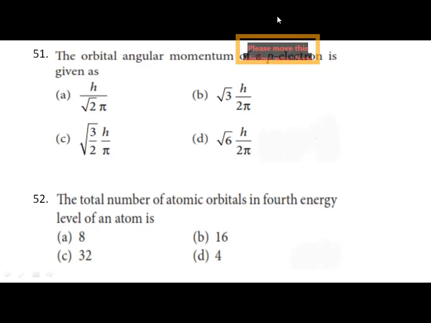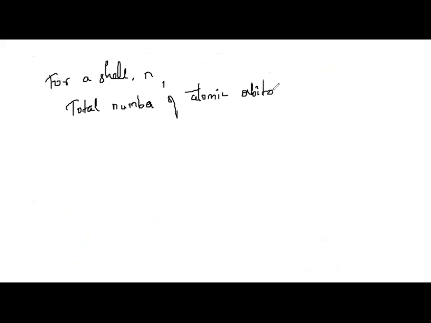I have told you when I was discussing the quantum numbers, for a shell with principal quantum number n, the total number of atomic orbitals in any energy level or shell is given by n square.